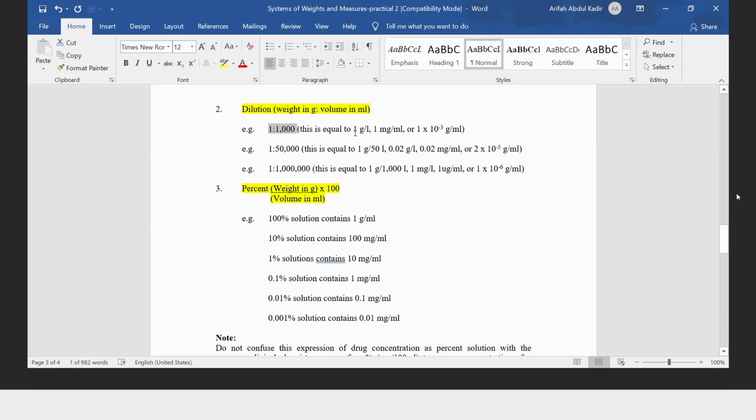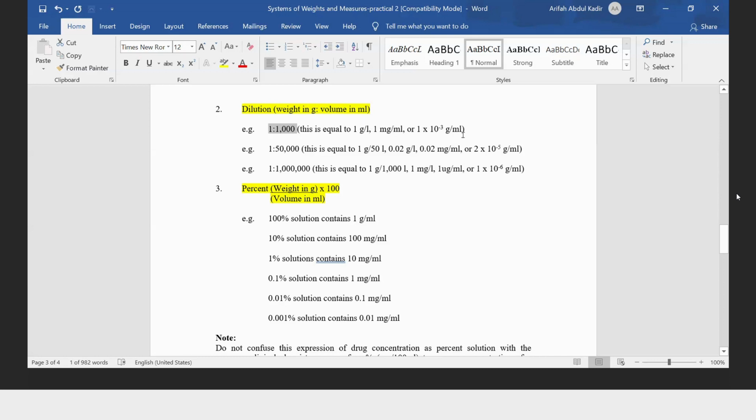So this 1 gram per liter, when I change the unit gram to milligram, it is 1000. When I change liter to ml, 1000, which is equivalent to 1 milligram per ml. So all these are the same thing.